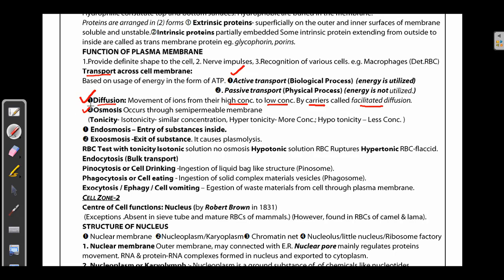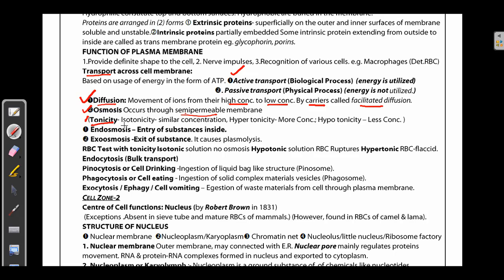The next important chemical process is osmosis. Osmosis is where the transport occurs from high concentration to lower concentration, but in the presence of a semi-permeable membrane. And again, osmosis can be defined based on concentrations, so we call them tonicity, the osmotic gradient. We have three types of tonicities.